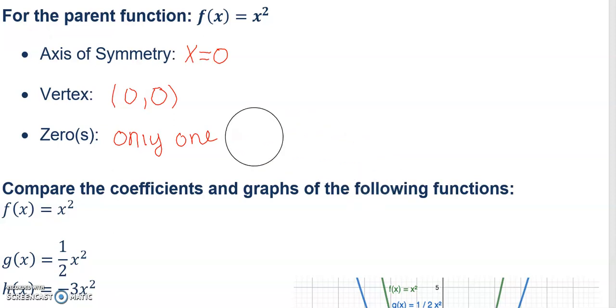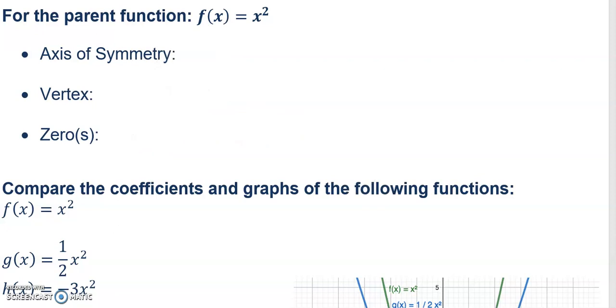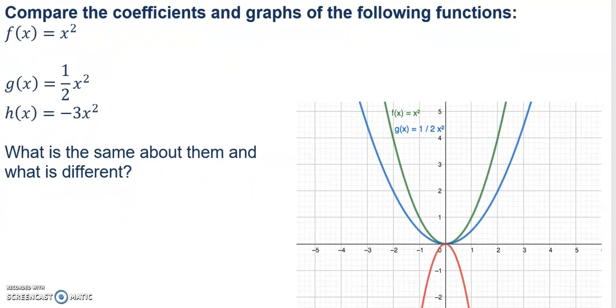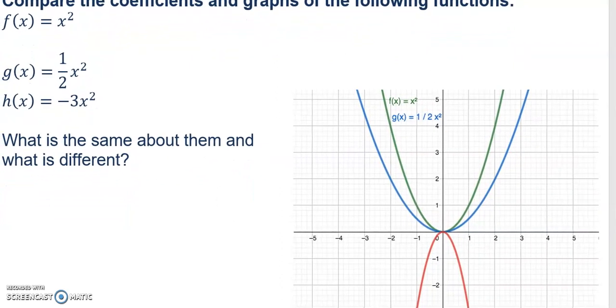So now we're going to compare the coefficients in graphs of the following functions. Okay, so f of x on our graph is labeled green, so I'm going to write the coefficients in green. Using standard form, f of x equals 1x squared plus 0x plus 0.